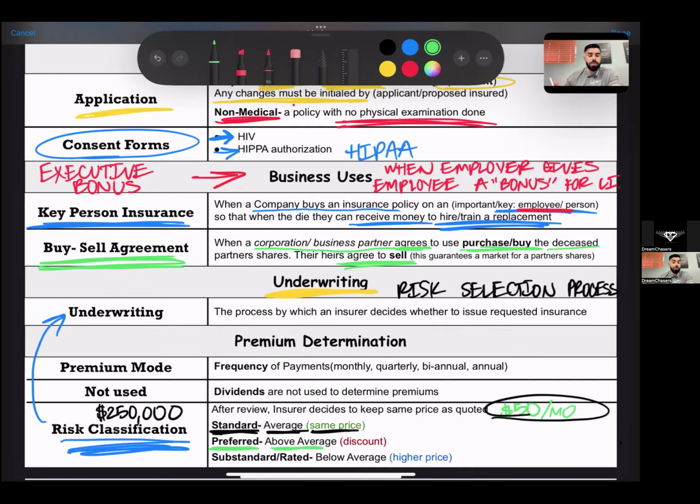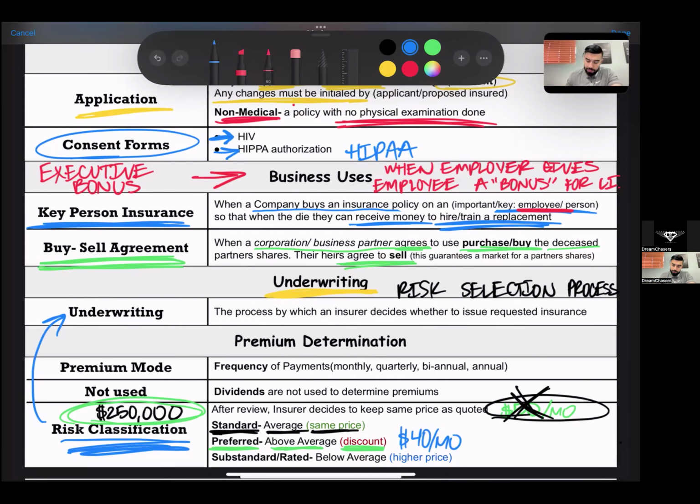So meaning I'm healthier than the majority of people out there. So what they're going to do is they're actually going to give me a discount. So for the same $250,000 of coverage, instead of having to pay $50 a month, I'm going to get a discount and I'm going to pay $40 a month. Why? Because I'm super healthy.